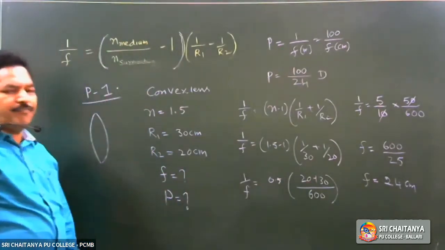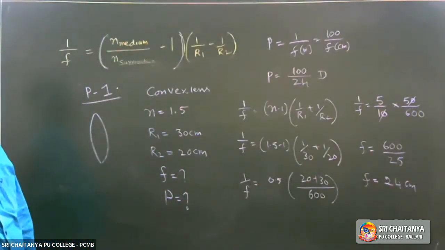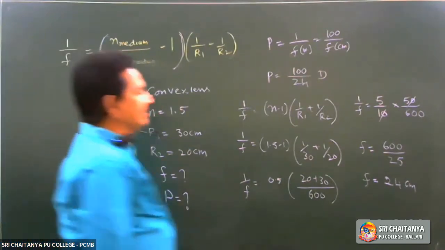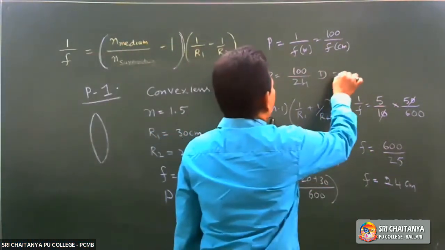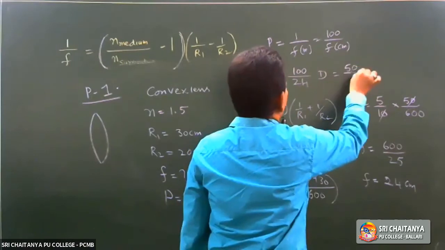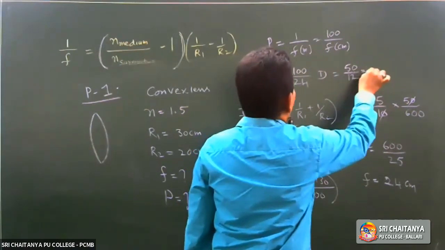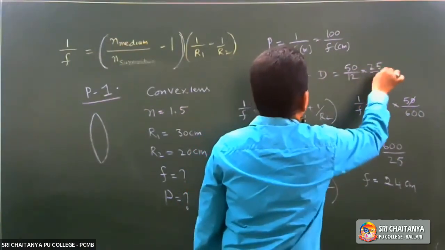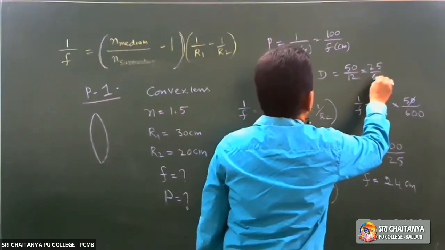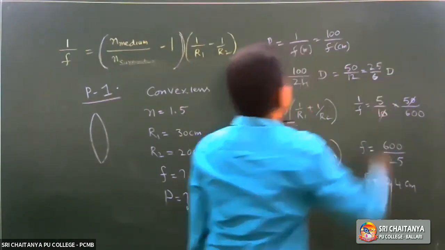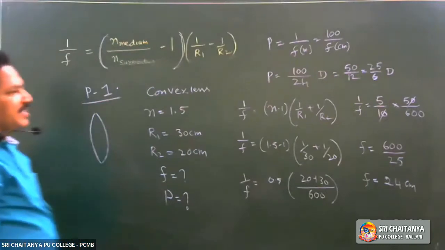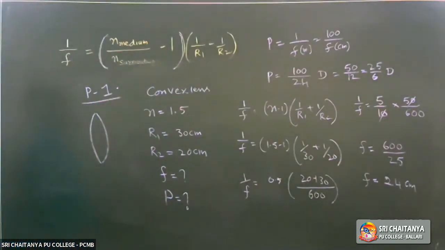What is the unit of power? Diopters. 50 divided by 12, 25 divided by 6 diopters. Like this, we can calculate the power of the given convex lens also.